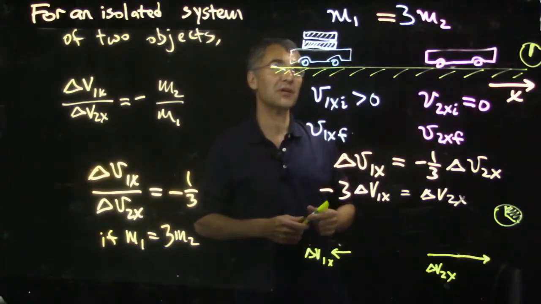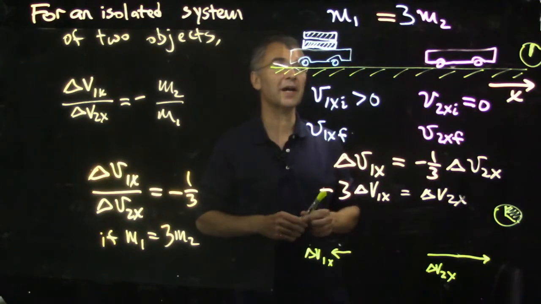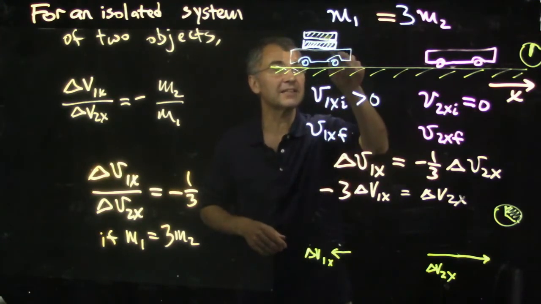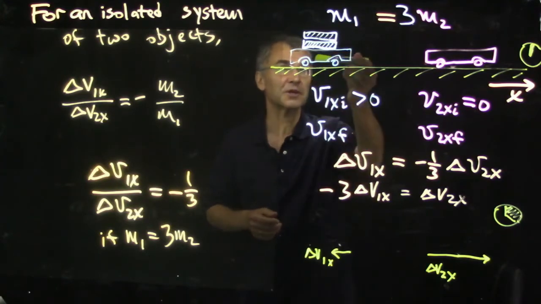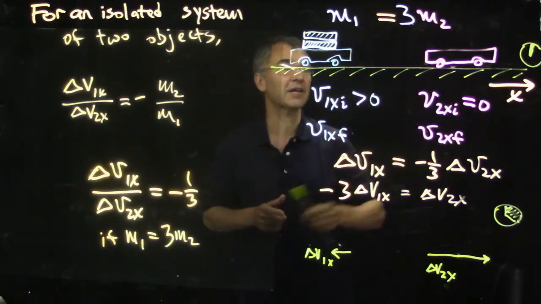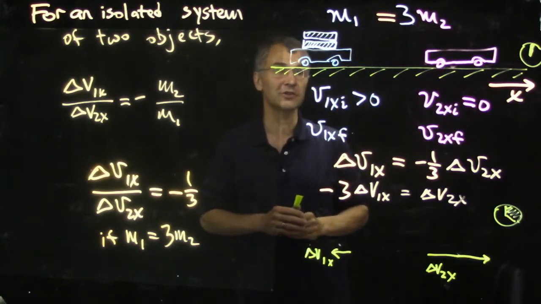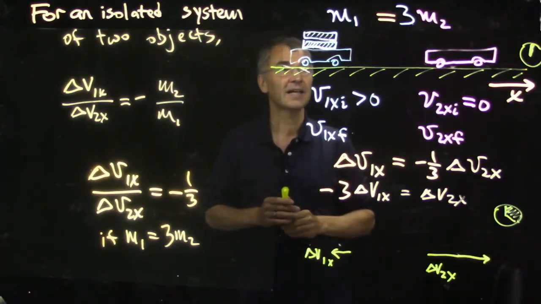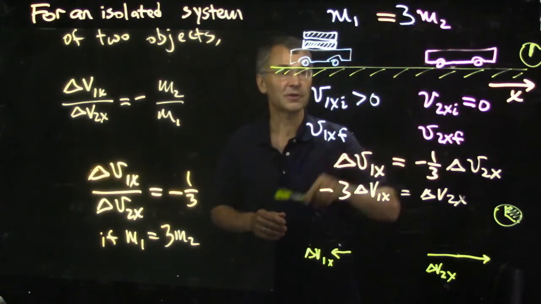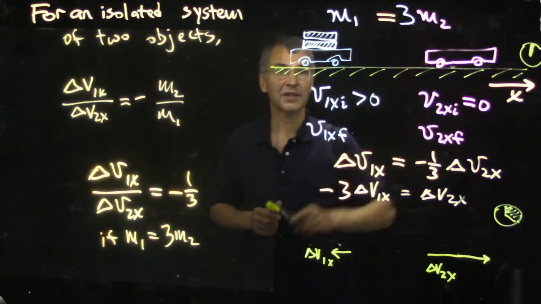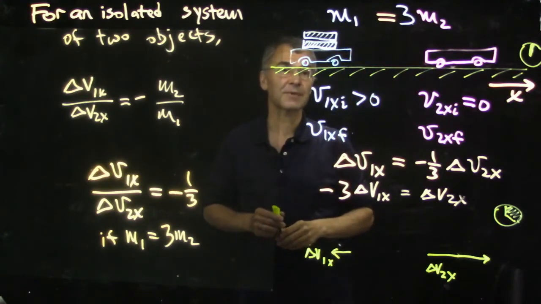For the next little segment, we're going to stack yet another little block of mass onto the blue cart. So the blue cart will have 1, 2, 3 units of mass, and the red cart will still be just 1 unit of mass. So M1 is 3 times as big as M2.